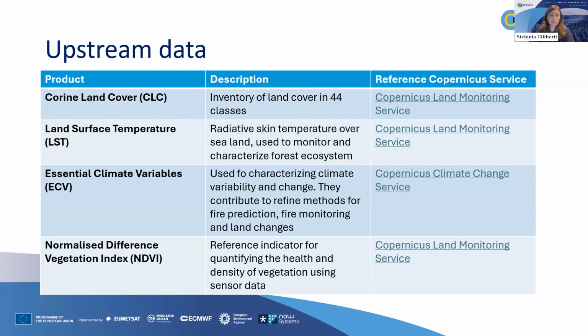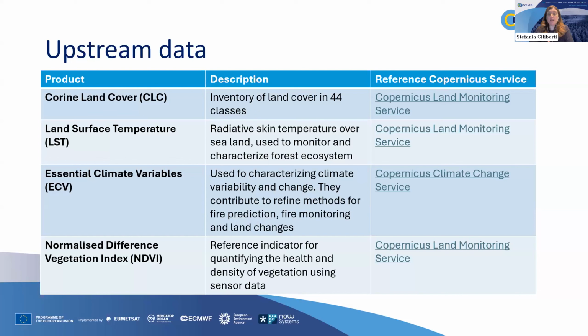I basically used four products: the CORINE Land Cover, made available by the Copernicus Land Monitoring Service; the land surface temperature, also provided by the Copernicus Land Monitoring Service; the essential climate variables, particularly the 2-meter temperature, relative humidity, and total precipitation, provided by the Copernicus Climate Change Service; and the normalized difference vegetation index provided by the Copernicus Land Monitoring Service.